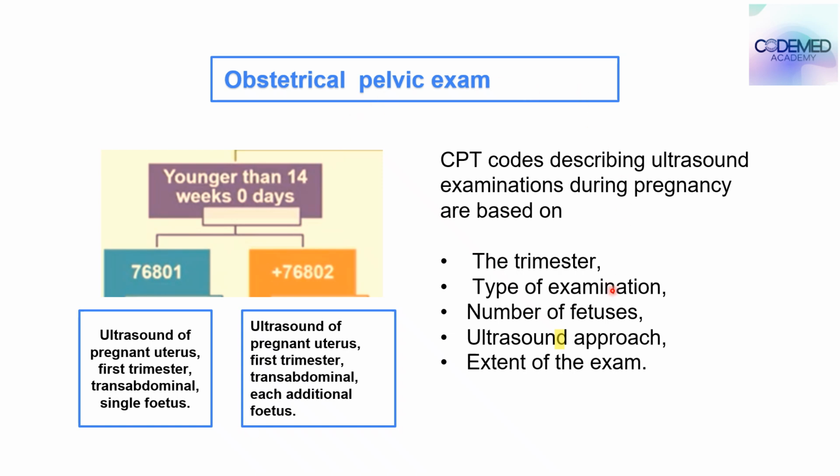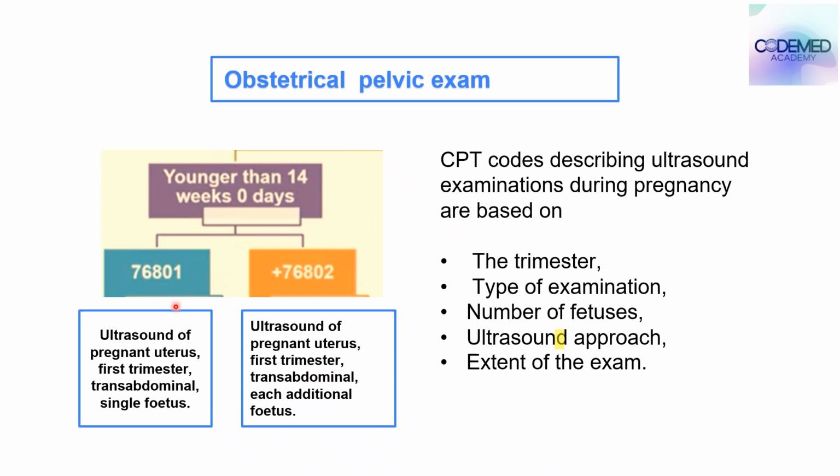Now, the CPT code describes the ultrasound examination during the pregnancy. They are based upon the trimester, type of the examination, number of the fetuses, ultrasound approach, and extent of the exam. And so we divide them into younger than 14 weeks and then more than 14 weeks. Younger than 14 weeks, we have two codes.